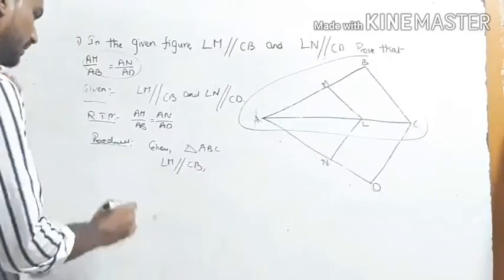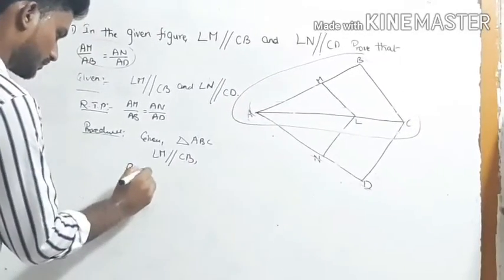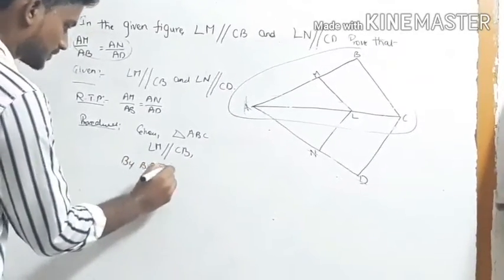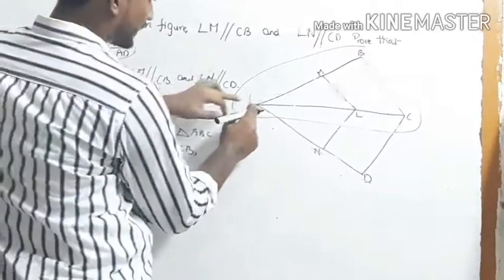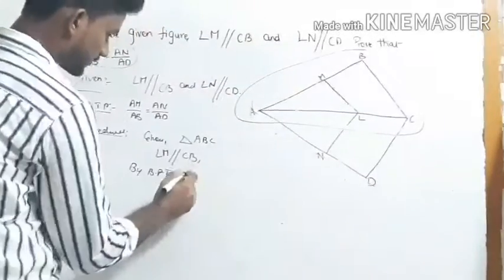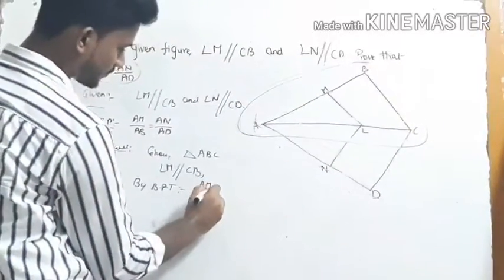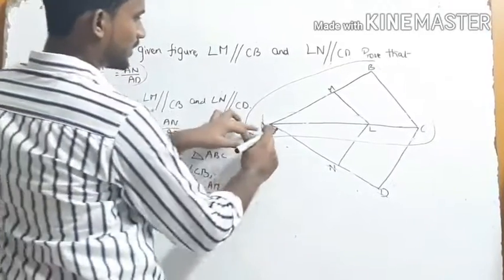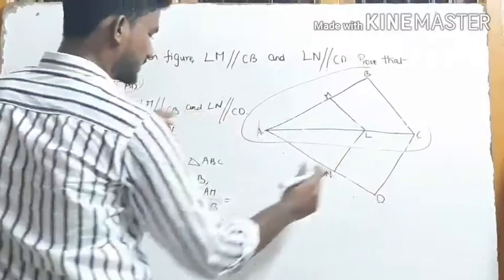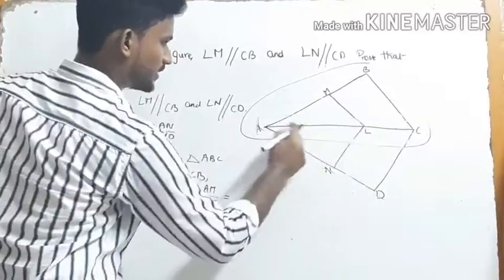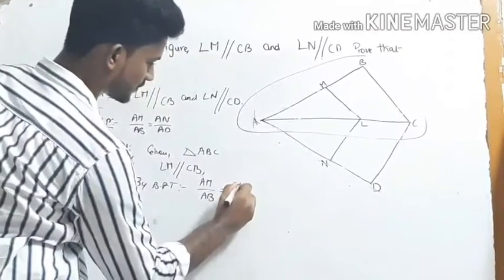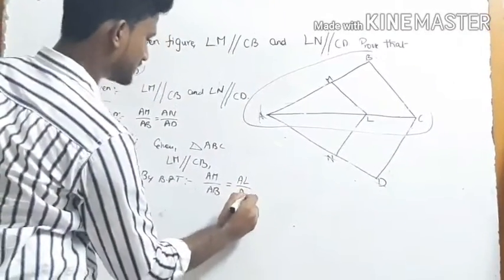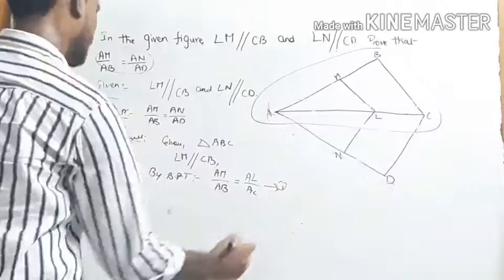You can write by BPT, basic proportionality theorem, AM by AB equals AL by AC. This is the first equation.